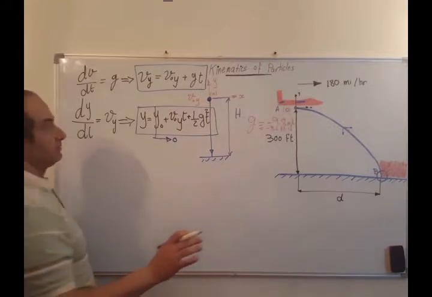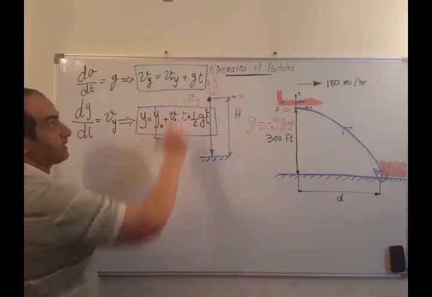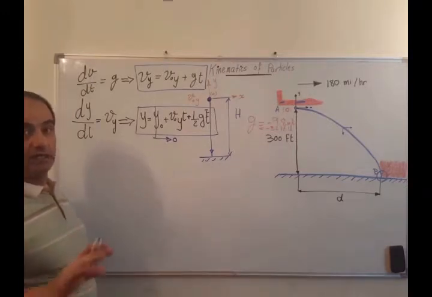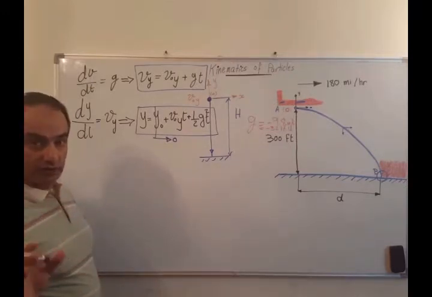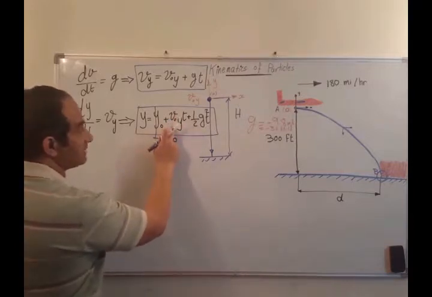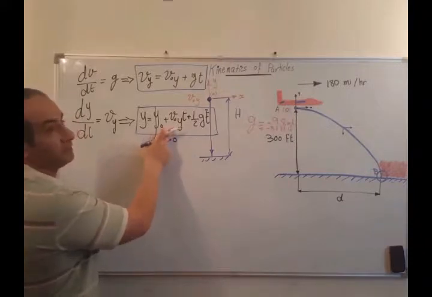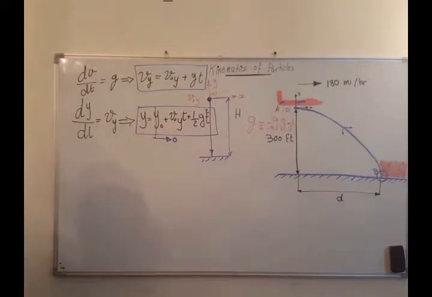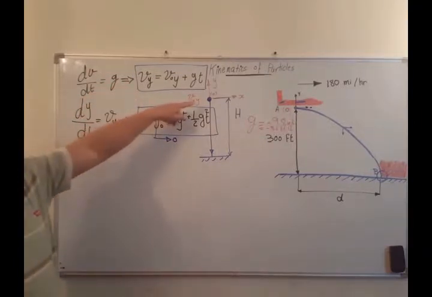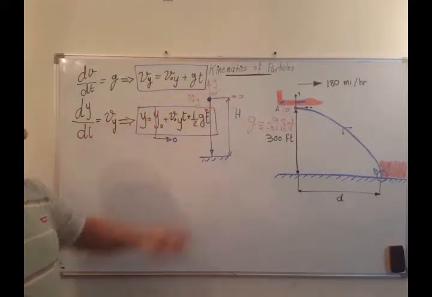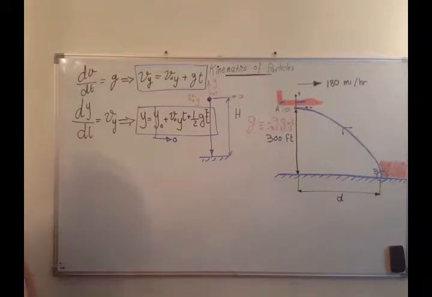As long as we mention that this particle was only dropped, without any additional initial vertical velocity, we can also substitute 0 for this v naught y. Anyway, we have two equations that describe the vertical velocity and the vertical displacement of this particle falling to the ground.